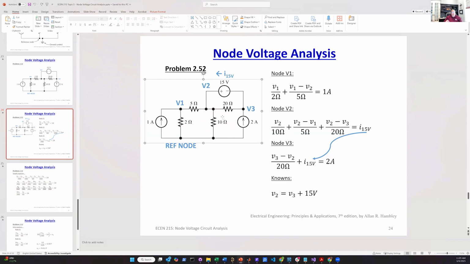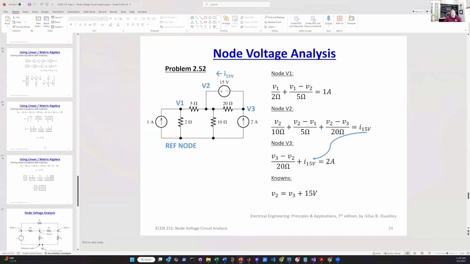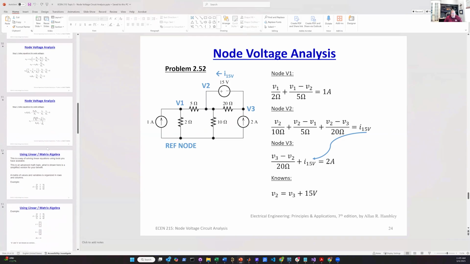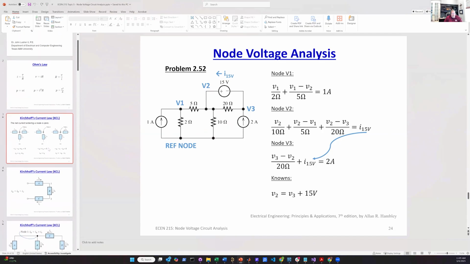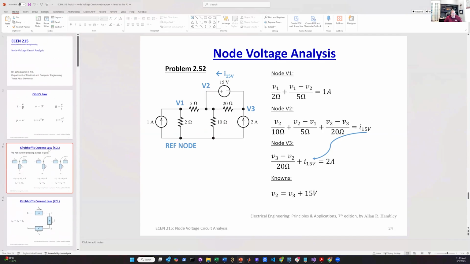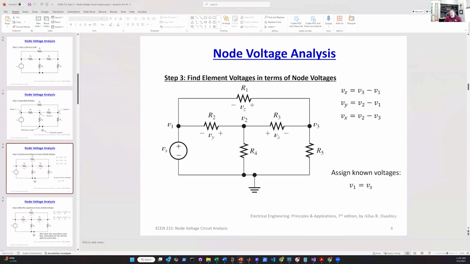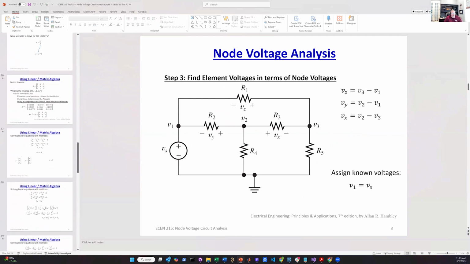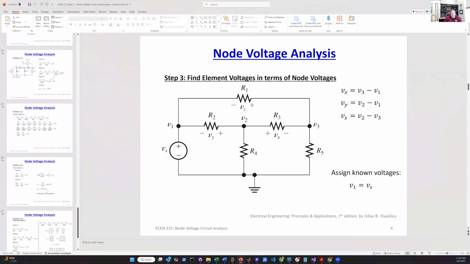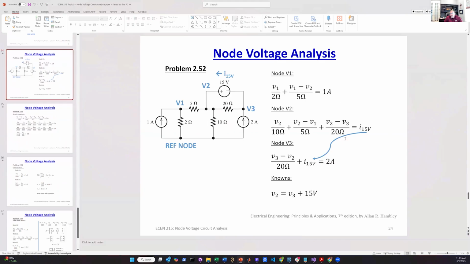The nodal analysis method has you do this step where you assign element voltages. I don't do this step. I think it confuses people. It confuses me. So I just stay focused on the terminal that I'm on, V2.